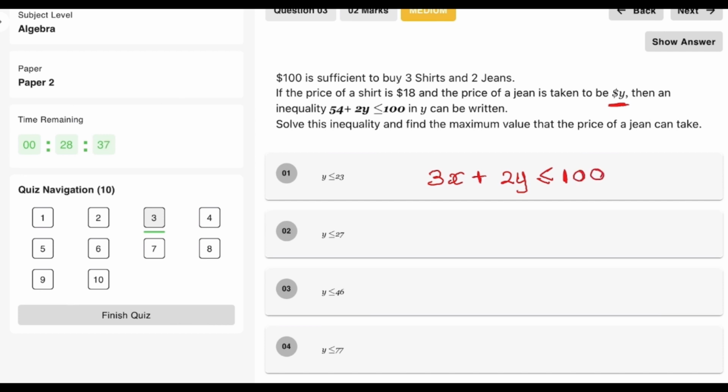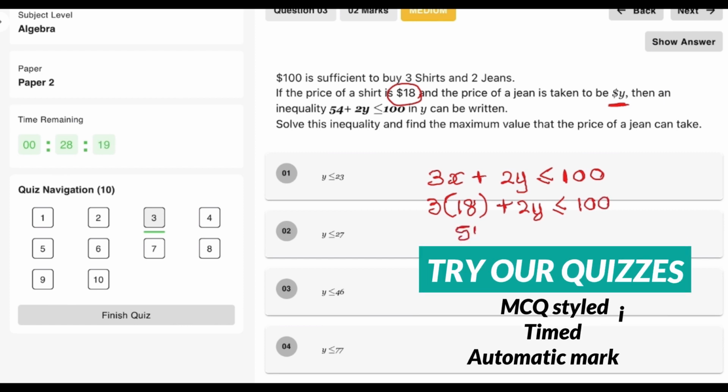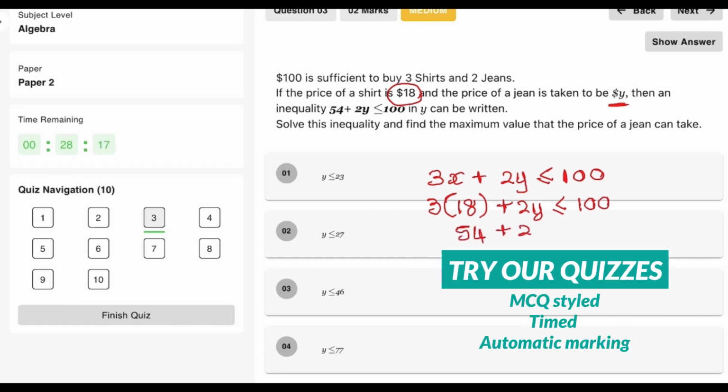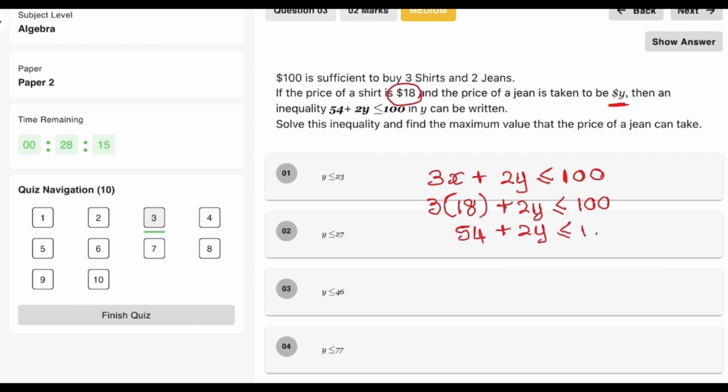Right? And that is why they are getting this expression here. So what they have done in the next line is they are taking this 18, substituting that 18, plus the 2y, and then they are letting that be less than 100. And this is going to be 54 plus 2y less than or equal to 100. So what I've done here is to explain to you how they have got that expression.